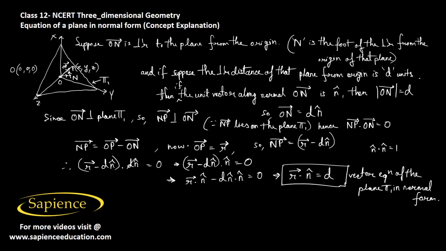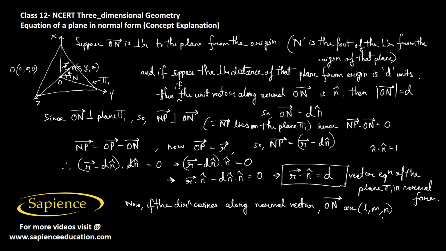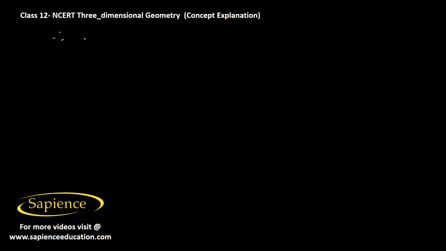Now, how do we write this in the Cartesian form? If the direction cosines along the normal vector to the plane from the origin, which is ON vector, are given as l, m, and n, then obviously the unit vector along the normal, which is n cap, can be written as l i cap plus m j cap plus n k cap.